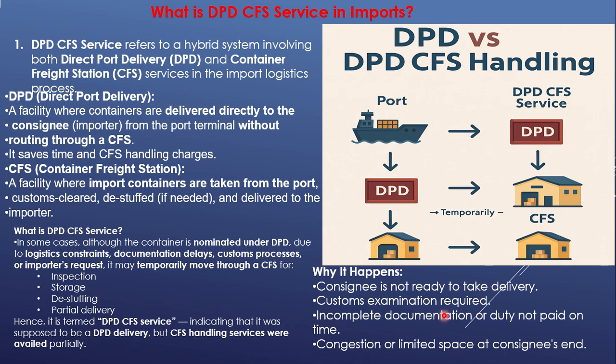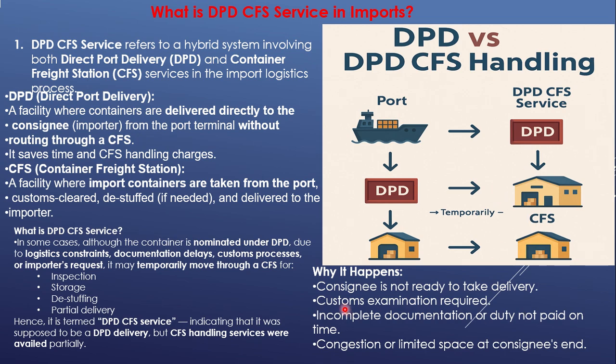Then incomplete documentation. If our documents are not complete, like when we are importing goods against original documents, called documents against payment as a term, then in such a case we need to show the original documents. If the original documents are not received from the supplier side, the situation is called incomplete documentation. In such a case the goods cannot be released by the government side, so they are kept in the CFS.